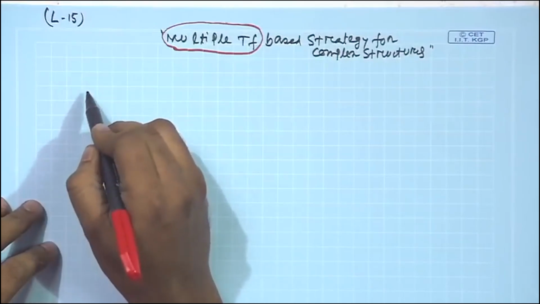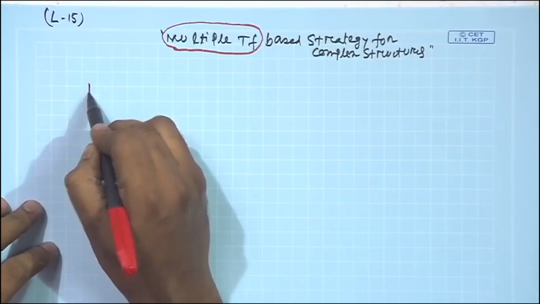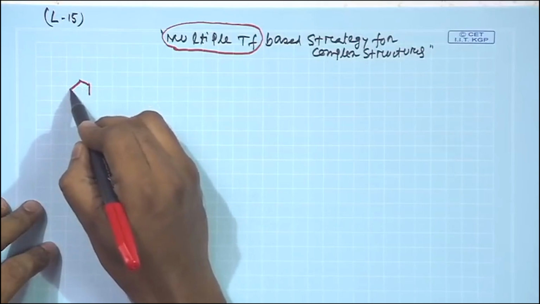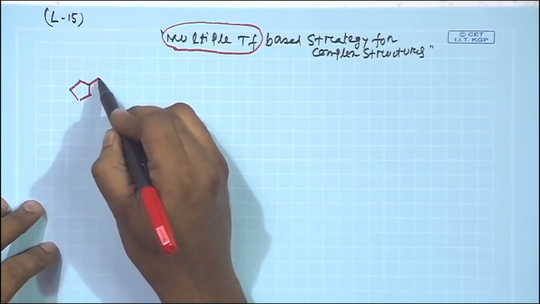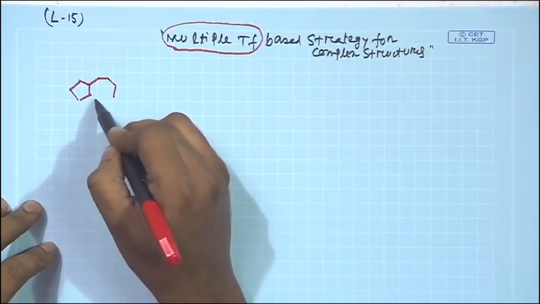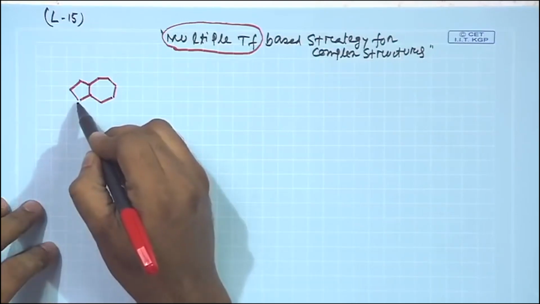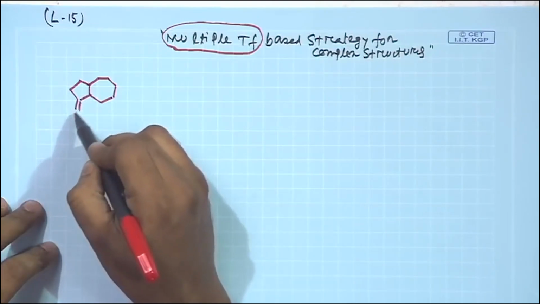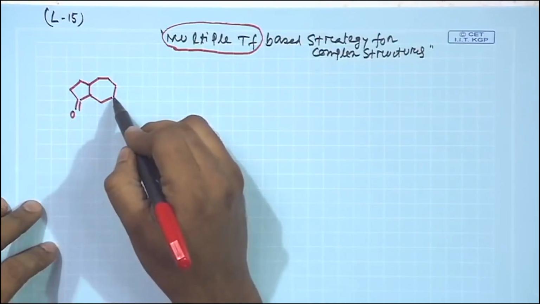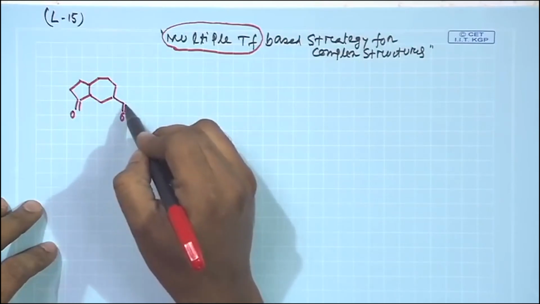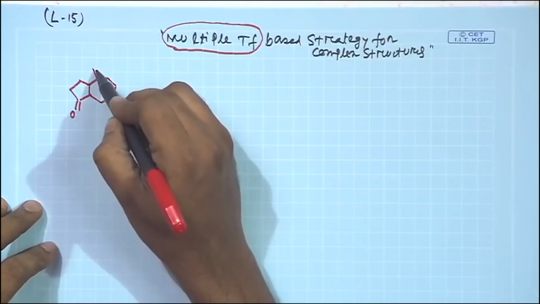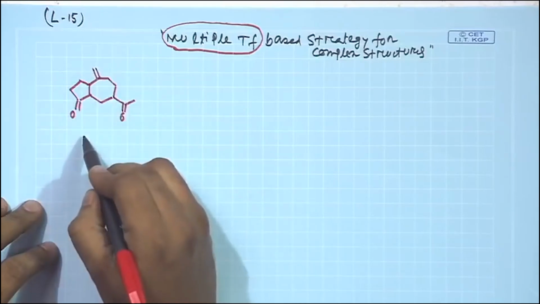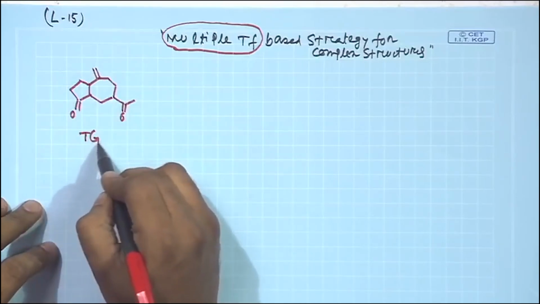The initial target or initial problem which I will now be drawing is based on a 5-member as well as 7-member ring structure. Now, if you see the structure of this target, it has a diketone unit, and one of these ends has an exocyclic methylene.